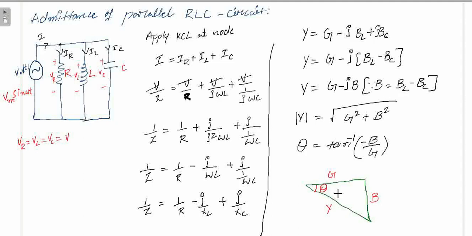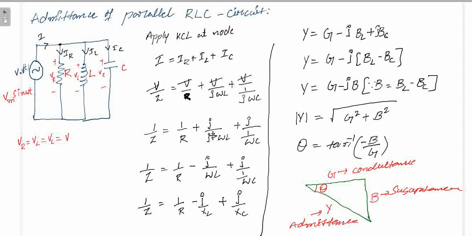So this is your admittance triangle. This is your conductance, this is your susceptance, and this is your admittance.